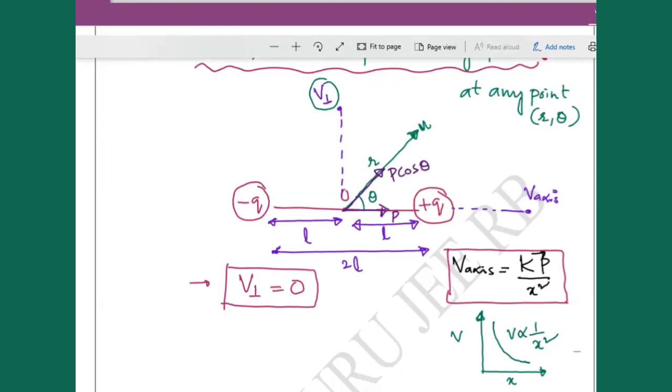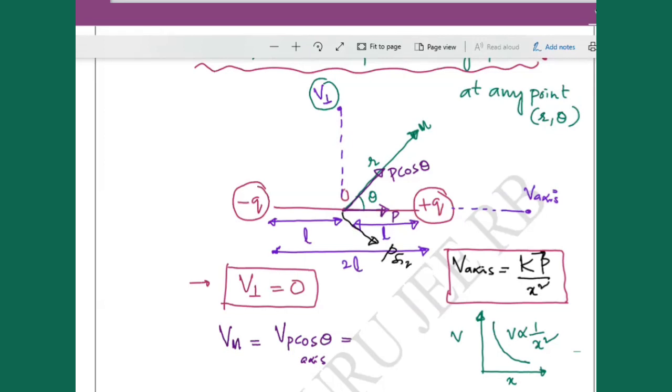If I want V in the P cos theta direction, can you tell me? Vm can be written as Vp cos theta, which is on the axis. Perpendicular to it, if I draw a perpendicular, that is P sin theta, am I right?